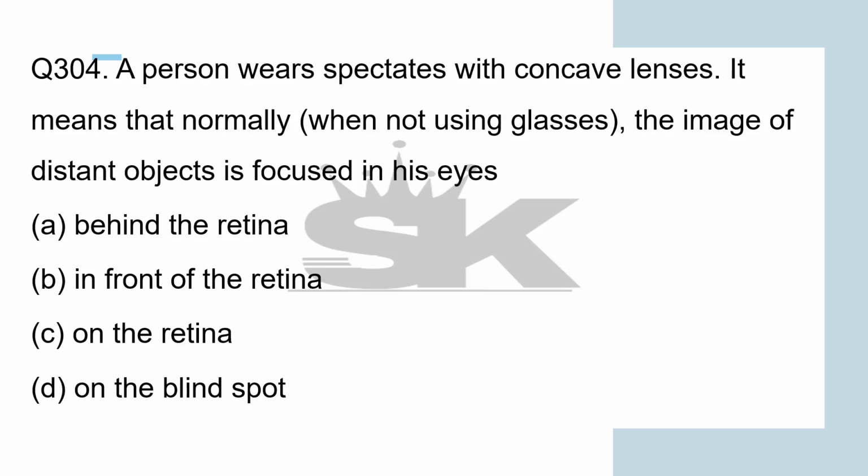Concave prescription lenses, that means minus lenses, are used to bend light rays slightly outwards. The light rays then have a greater angle to bend back to focus when traveling through the cornea and lens. As a result, the light rays focus further back on the retina. So here the answer is option B, in front of the retina.